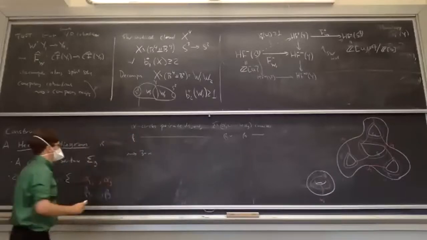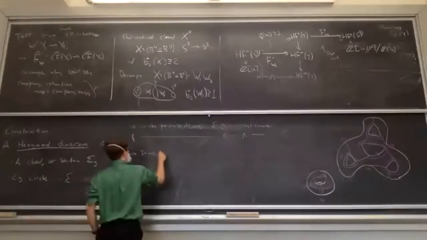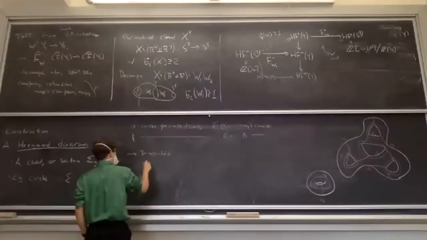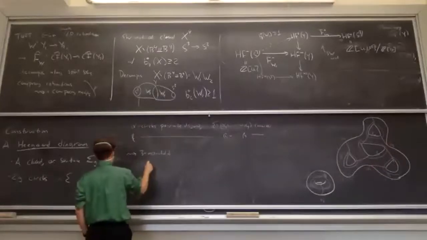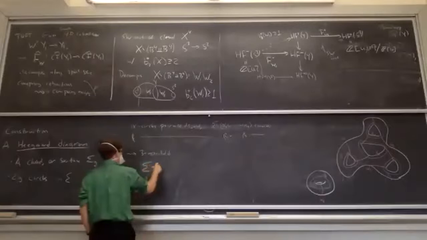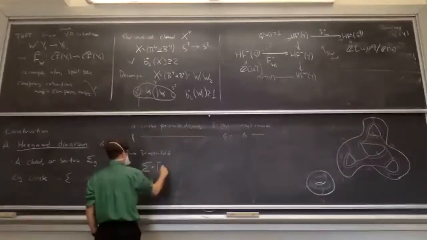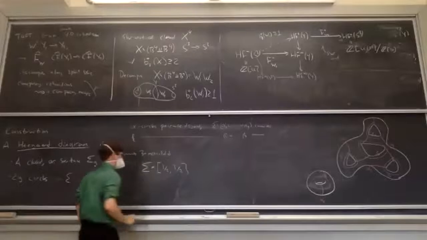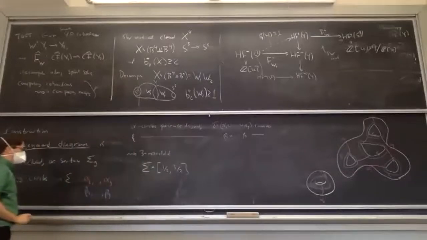Okay, so this gives you a 3-manifold as follows. You start by thickening up sigma. So you take sigma across, let's say, the interval 1, 2.